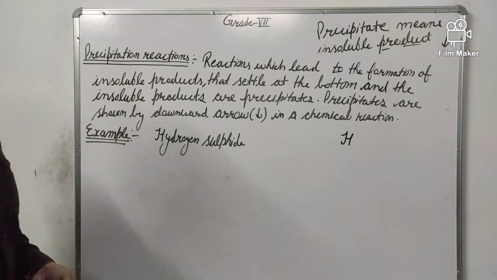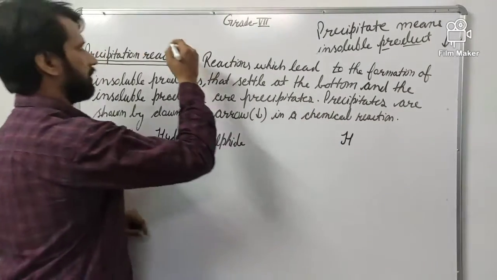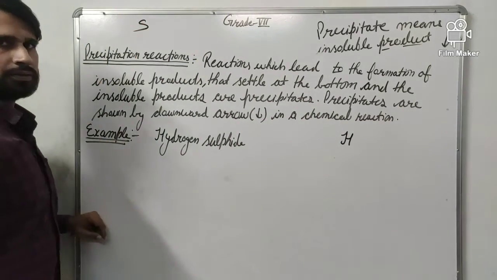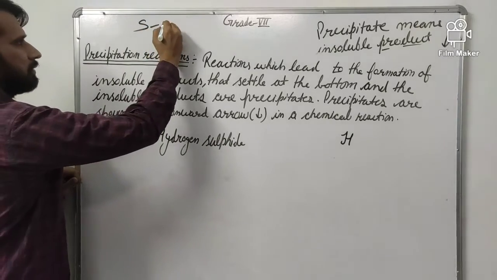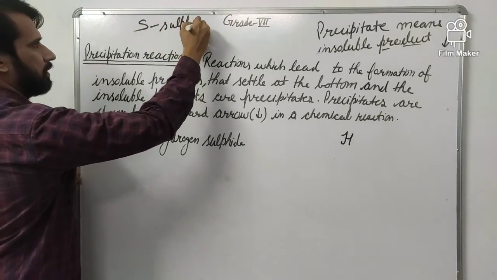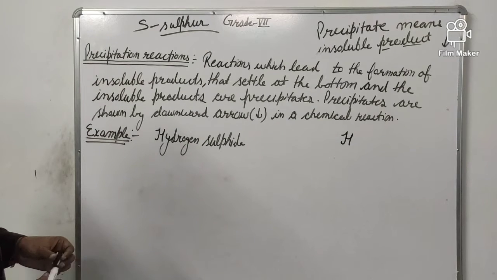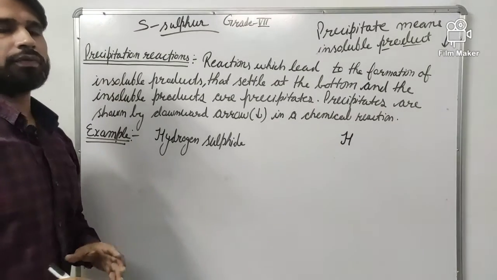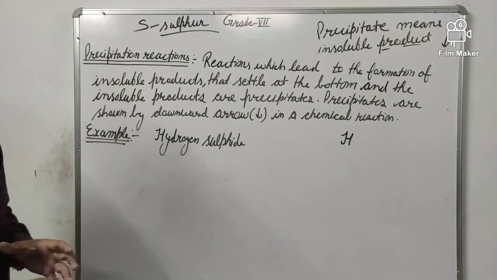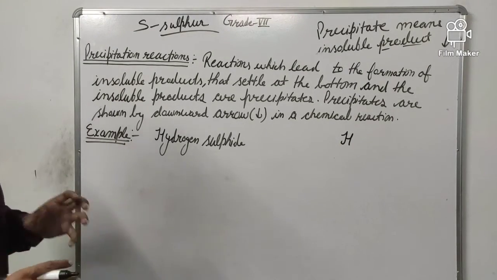Sulfur is represented by the symbol S. Ionic means positive or negative species are called ions.